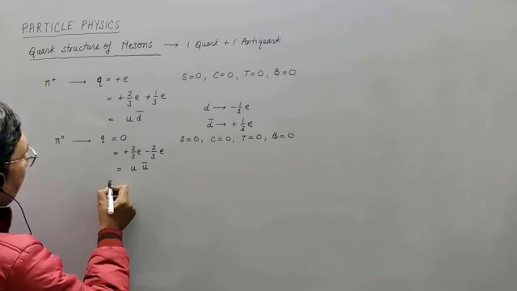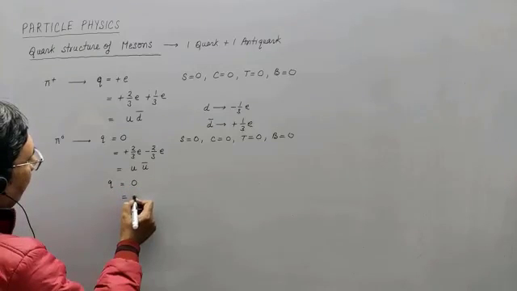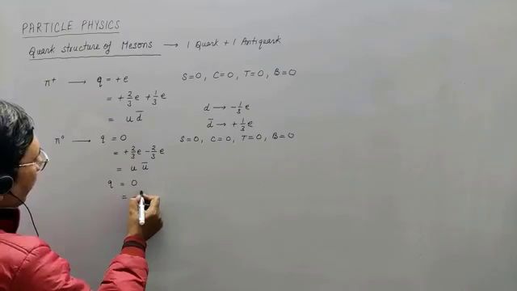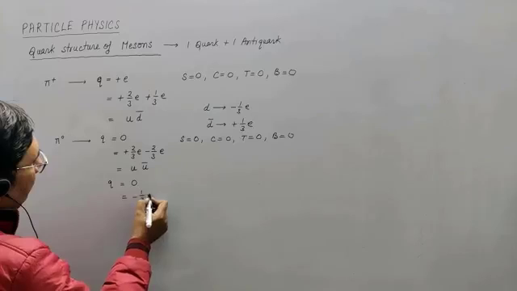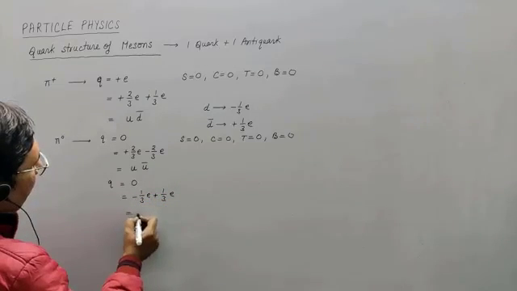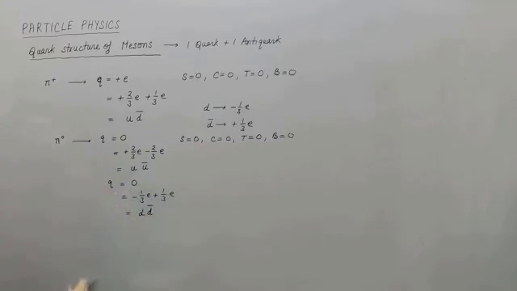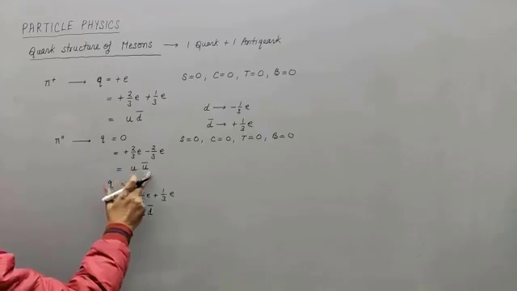Another method for this is that Q equal to 0 can be obtained if we have minus 1 by 3E plus 1 by 3E. So this will be D D bar. So basically with the help of U U bar and D D bar, we can find out this pi naught.